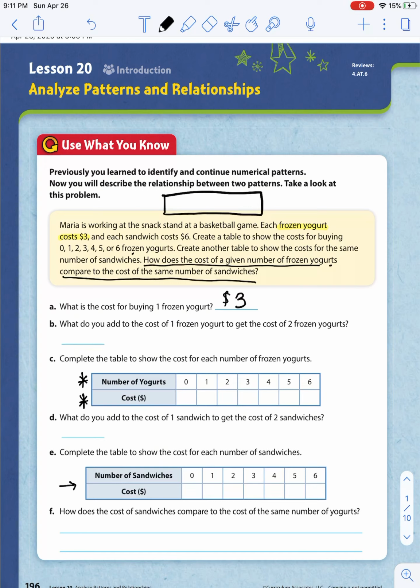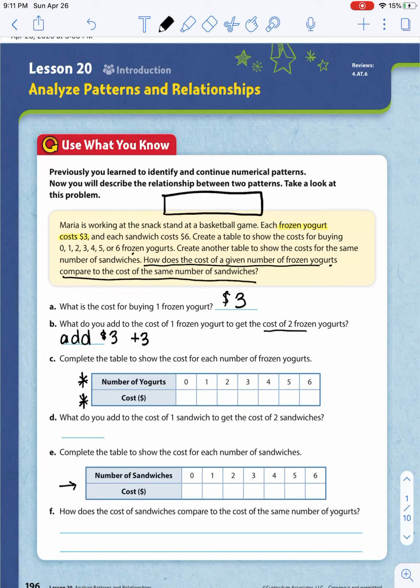What do you add to the cost of one frozen yogurt to get to the cost of 2 frozen yogurts? In other words, if one frozen yogurt is $3, what are you going to add to that to get another frozen yogurt added onto it to make it 2? You're going to add $3, right? We're going to go up by 3.